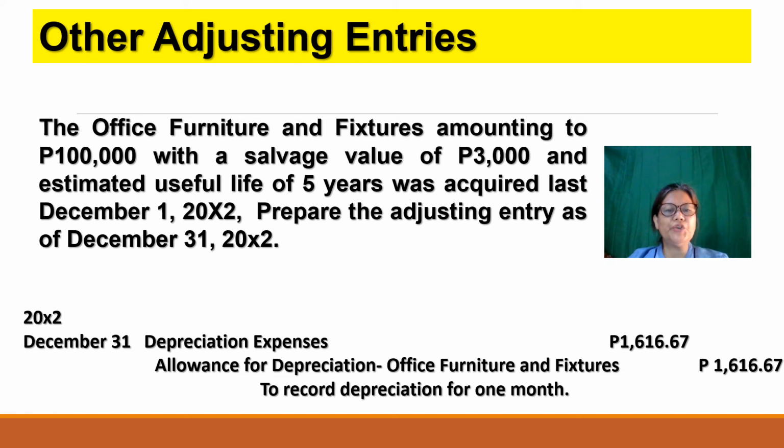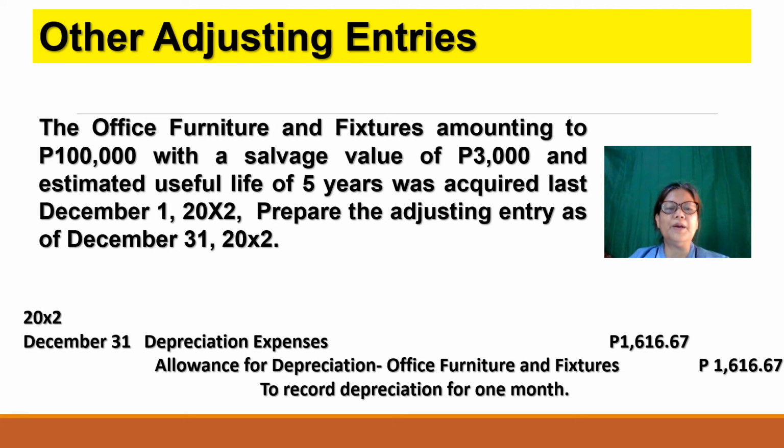The office furniture and fixtures amounting to 100,000 pesos with a salvage value or scrap value of 3,000 pesos and estimated useful life of 5 years was acquired last December 1, 20X2. We're going to prepare the adjusting entry as of December 31, 20X2.